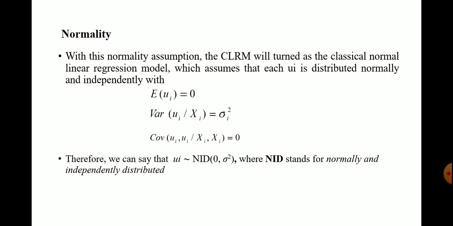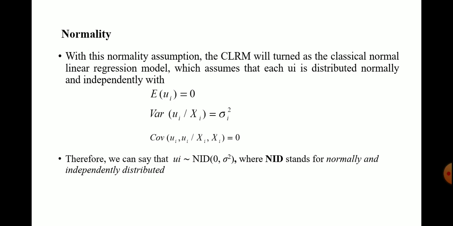Now, with this normality assumption, the classical regression model is renamed as the classical normal linear regression model. Without this normality assumption, we usually say that the regression model is the classical linear regression model.